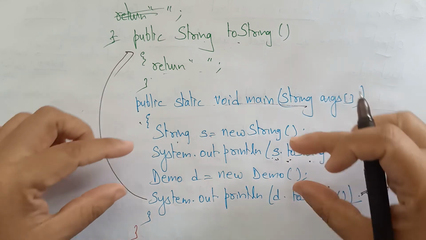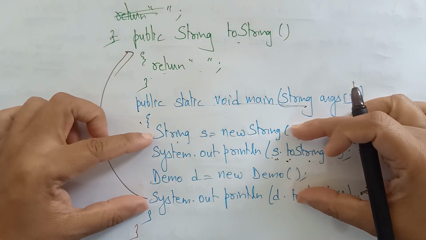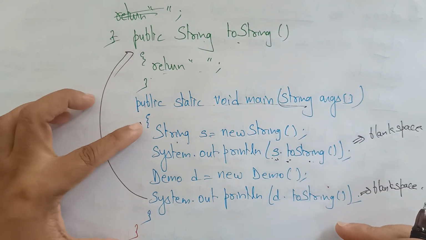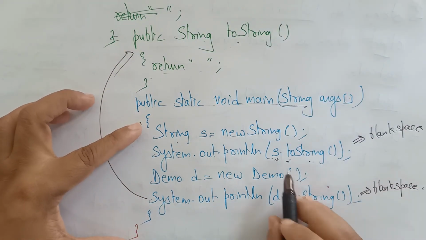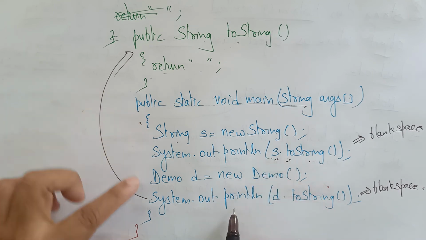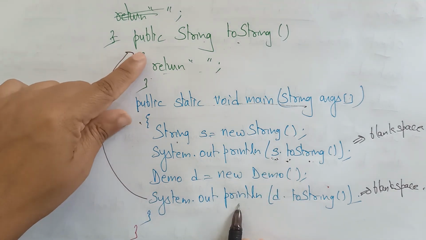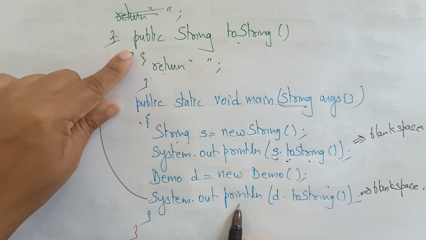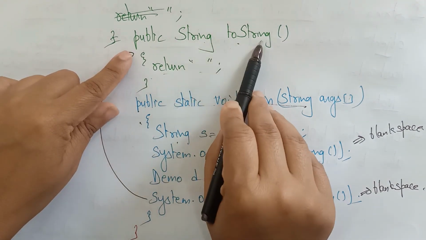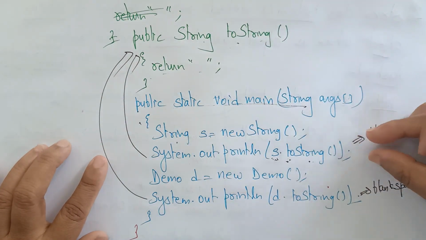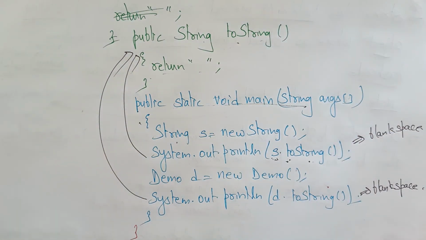If you executed the same program without writing this method, it would print the blank space and then the hash code. But now, whenever I call the method, I have explicitly declared the public String toString method, so every time the controller will come here and print the blank space.